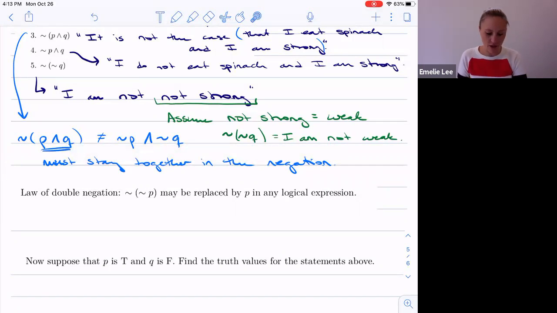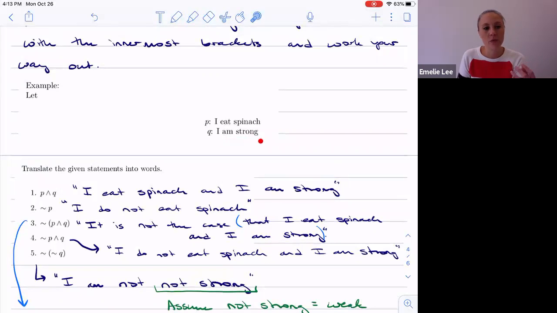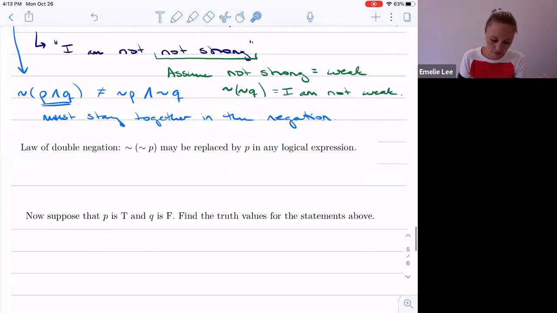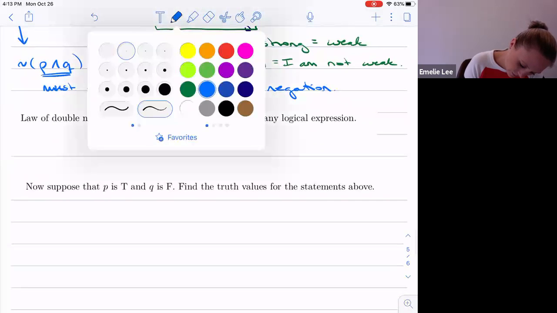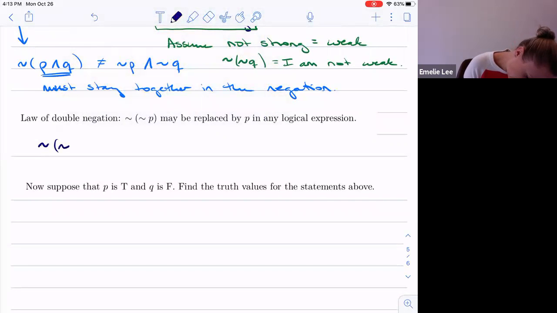The law of double negation says that not not P may be replaced by P in any logical expression. So then not not Q, you could just replace it with Q, which is I am strong, which is exactly what Dermot's saying. So not not Q is the same as Q, which is I am strong.